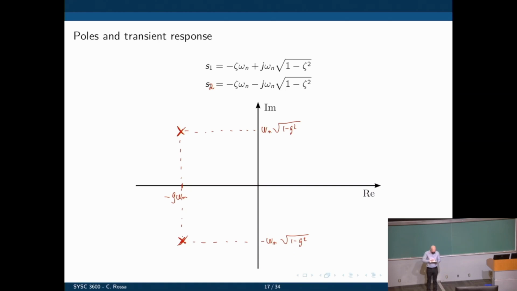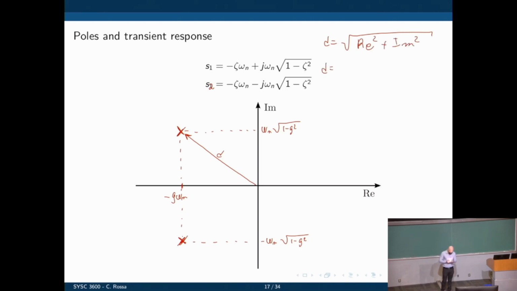What is this distance here? How do we calculate this distance? Let's call this distance d. What is d? Simple trigonometry: it is the square root of the real part squared plus the imaginary part squared.